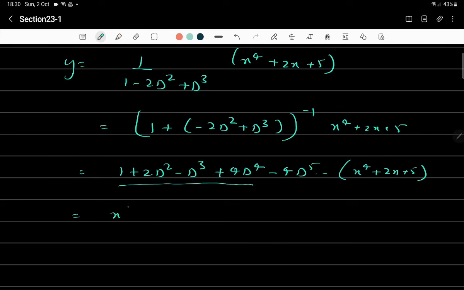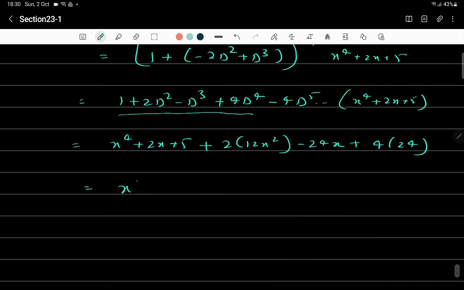So if I multiply by 1, then x raised to the power 4 plus 2x plus 5, then 2d square. So d square would work on x raised to the power 4 only, so 2 times 12x square, minus d cube again works on x raised to the power 4, so minus 24x, and 4d raised to the power 4, so 4 multiplied by 24.